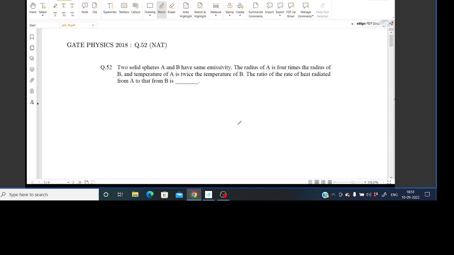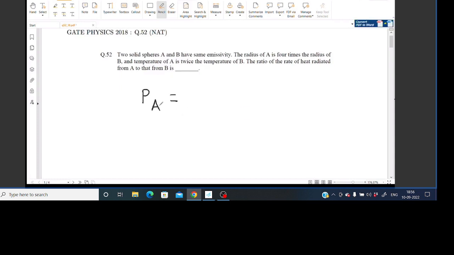The radius of A is 4 times the radius of B, and the temperature of A is twice the temperature of B. We need to find out the ratio of the rate of heat radiated from A to that from B. Let's solve this question.